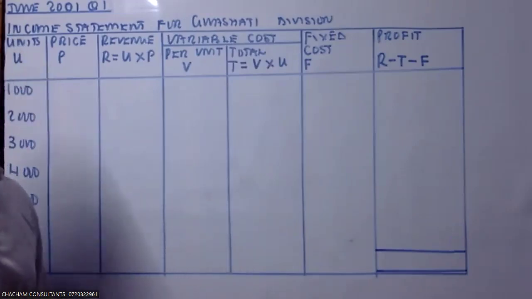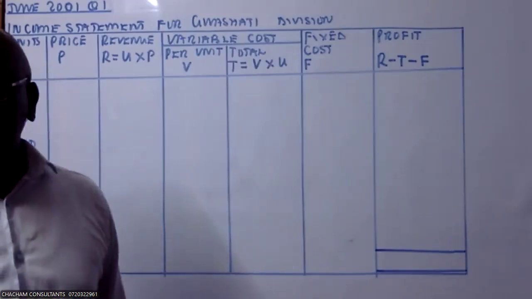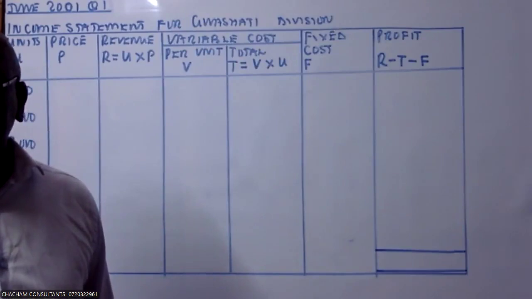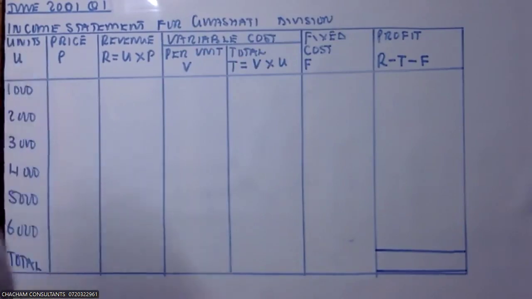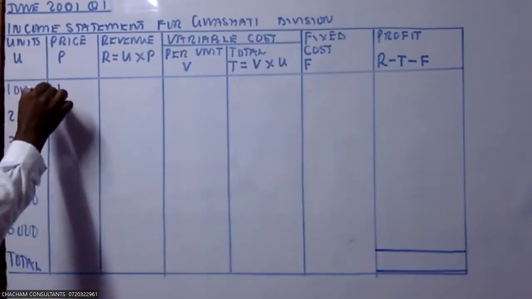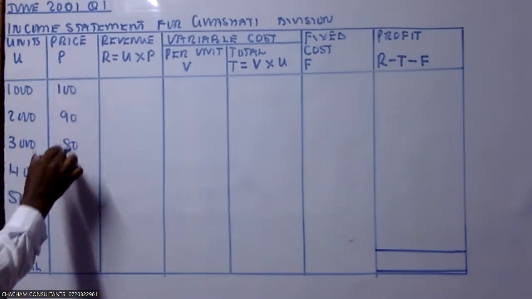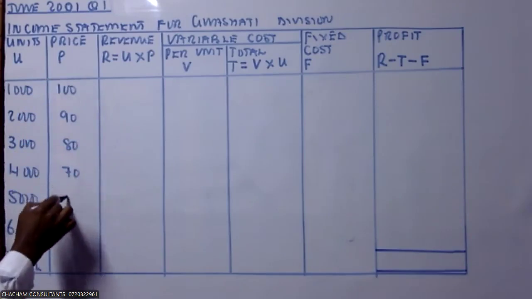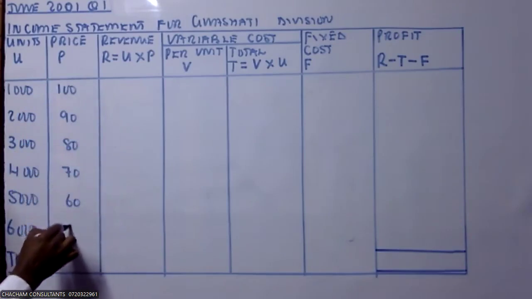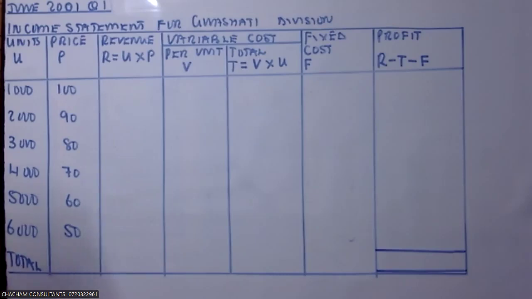So for the table of Washati, the external price that they are quoting, hiyo ndio tutaweka hapa. It is 100, 90, 80, 70, 60, and 50.